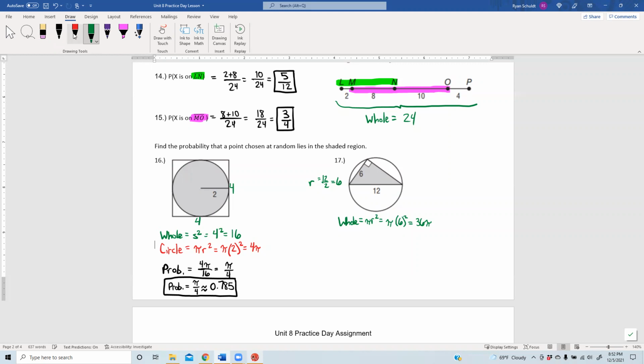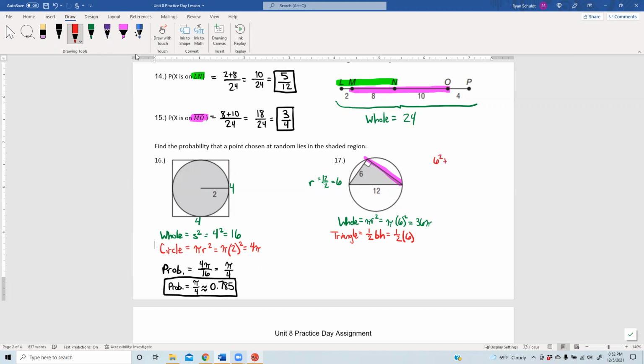Now the shaded area is a triangle. Remember, our formula for that is 1/2 base times height. We cannot use this 12 as a base or a height. We have to use what's by the right angle. So yes, I have that 6, but I have to figure out what this side is right here to use as my other number, which means I've got to do the Pythagorean theorem.